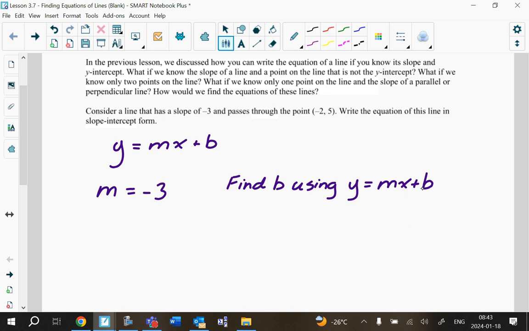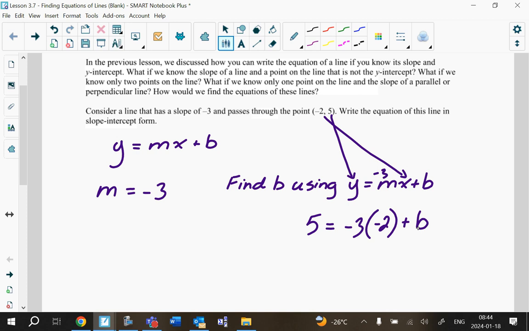So -2 is x. -2 goes in there. 5 goes in there. -3 goes in for m. And it's going to look like this. 5 equals -3, don't forget this is times -2, plus b.